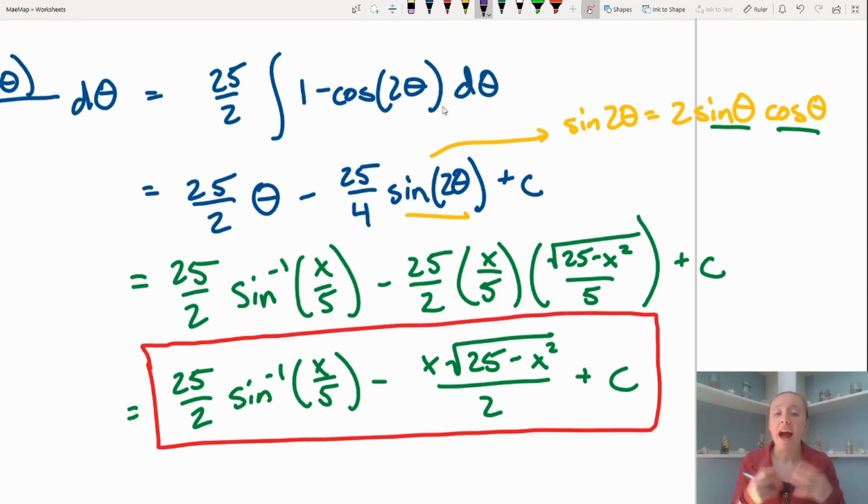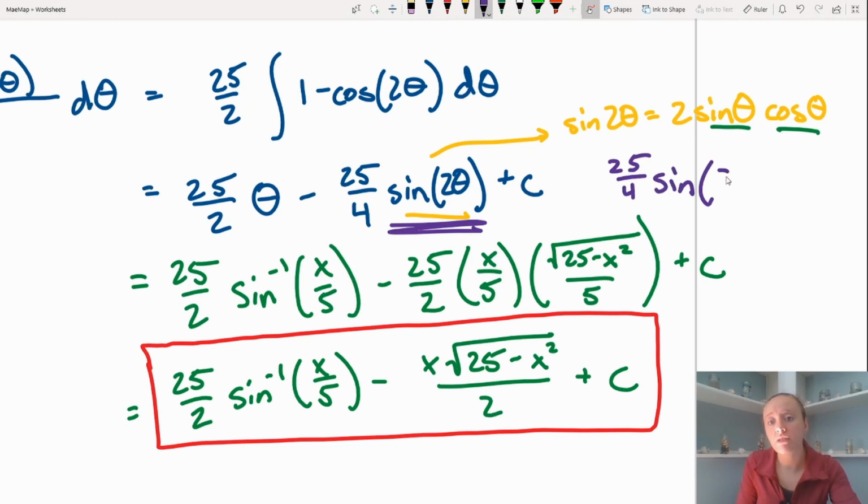So just a note, how do you know when to go back to the triangle? I mentioned that we don't want nested trig functions. Because theta is all by itself and I don't have a trig function of theta, I will just plug in the fact that theta is the inverse sine of x over 5. However, if I tried to do that for the second step, then I would have 25 over 4 sine of 2 times the inverse sine of x over 5.